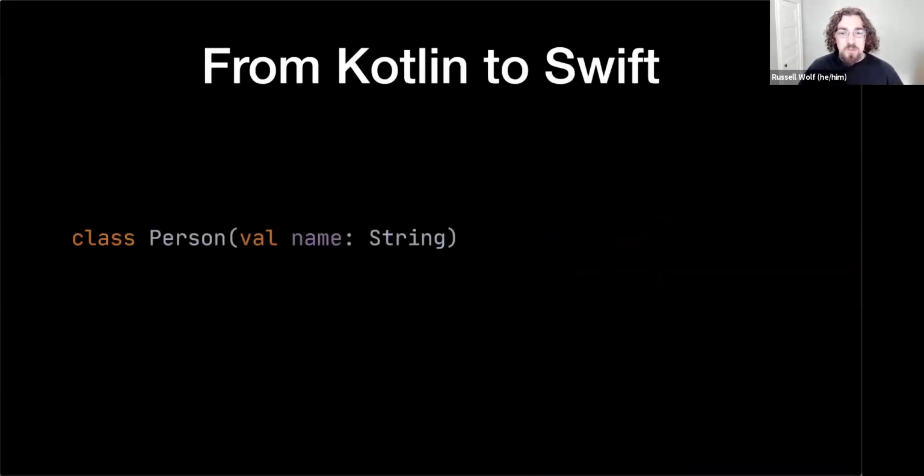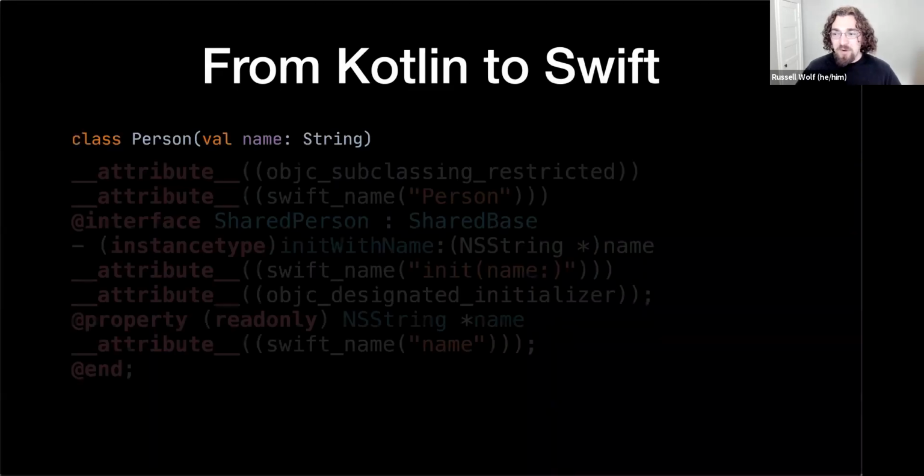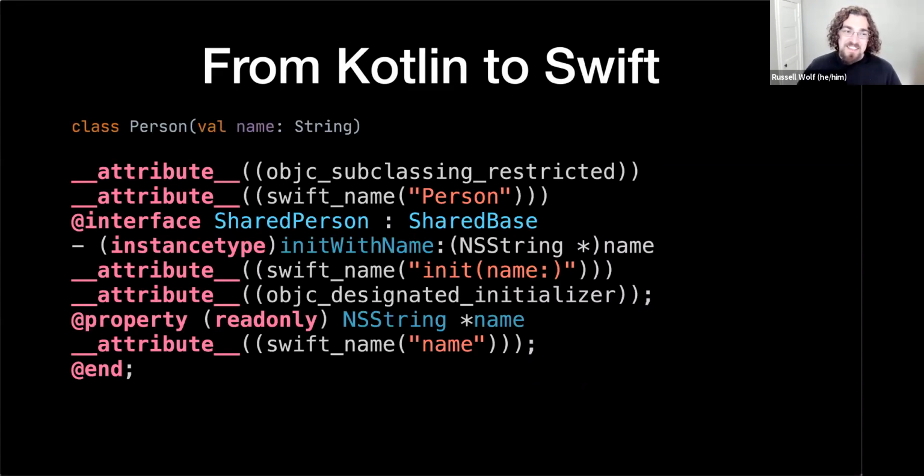So let's suppose we have this person class, and what's actually going to get generated here, and don't worry about all the details, is this pile of Objective-C header. Essentially what this is doing is it defines a shared person interface, which is the Objective-C type that it's using as the equivalent of the Kotlin person.